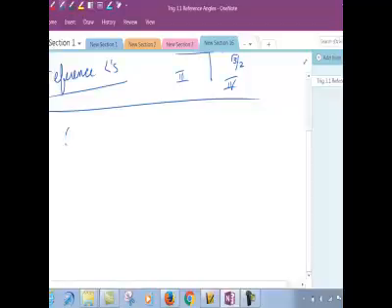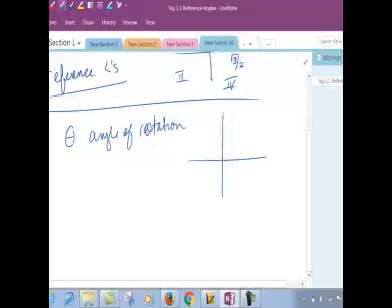We're going to start with theta, and theta is an angle of rotation. This is the same angle of rotation as in chapter 1. We start on the positive x-axis, that's the initial side, and then the terminal side gives us the rotation angle, and that's theta. For every angle of rotation, we have something called a reference angle.